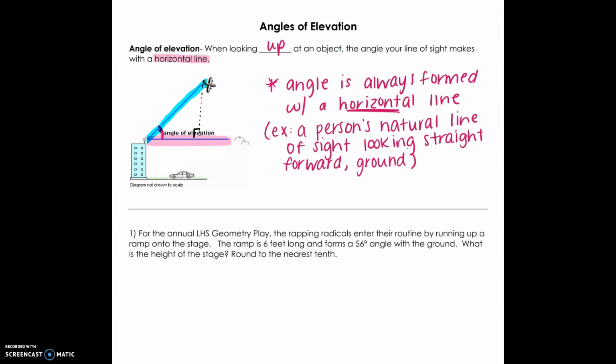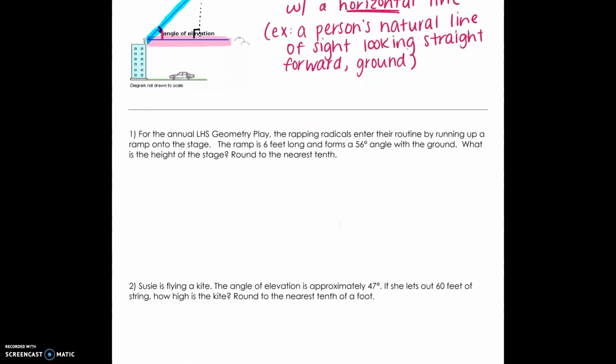So let's take a look at example 1. For the annual LHS geometry play, the Rapping Radicals enter their routine by running up a ramp onto the stage. The ramp is 6 feet long and forms a 56-degree angle with the ground. What is the height of the stage? So we're going to start by drawing out the objects that they're talking about in this scenario. So we definitely have a ramp, right?